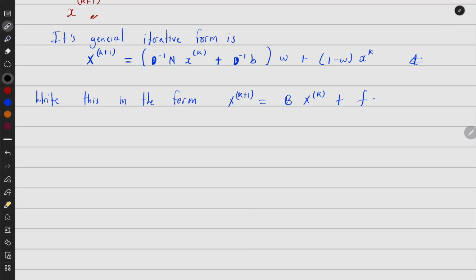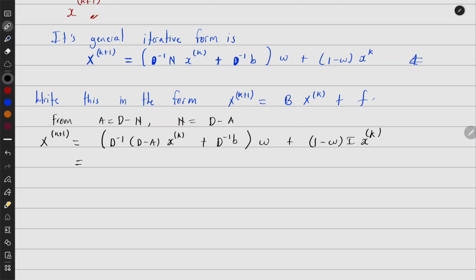We know that from A = D minus N, N equals D minus A. We can substitute this, so it can be written in that form, and this is also the same as I minus D inverse A, times x^k.